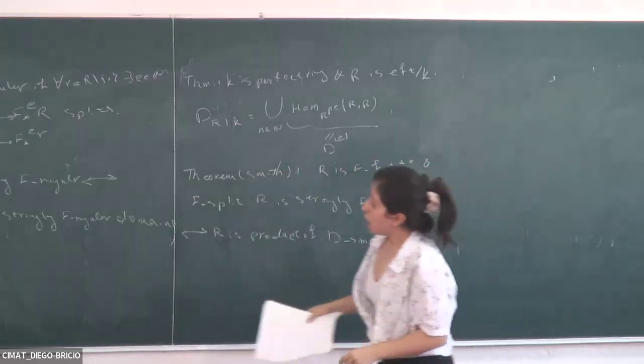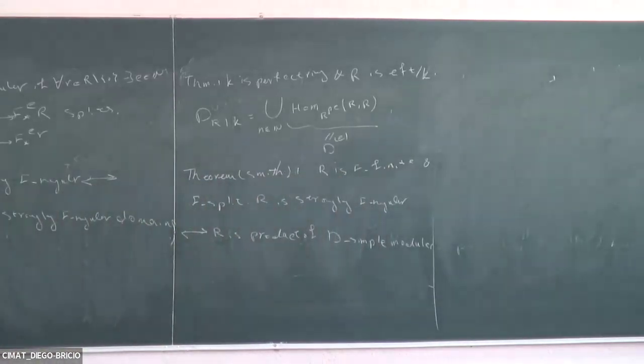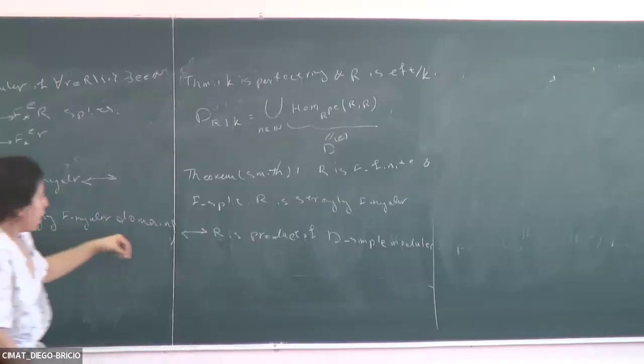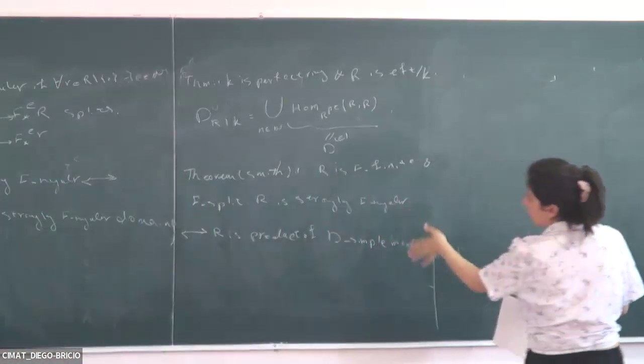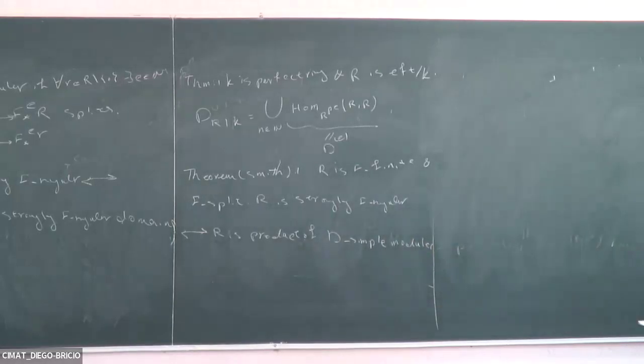So I have this remark. We said that R is strongly F-regular if and only if it is a product of domains. So in this case, we reduce to the domain case.